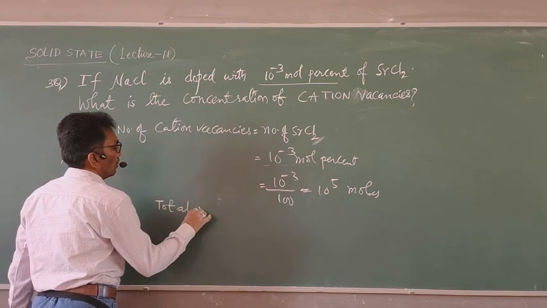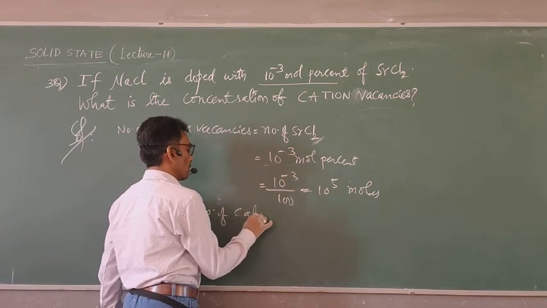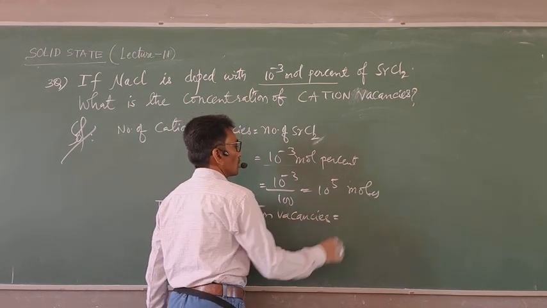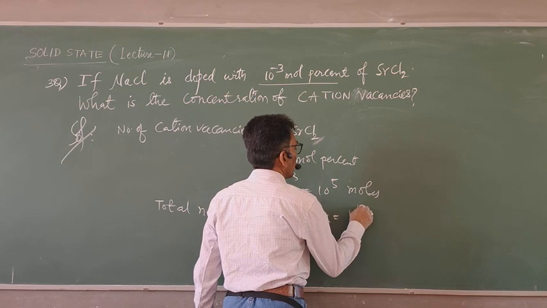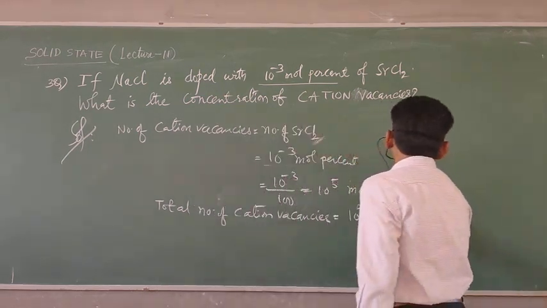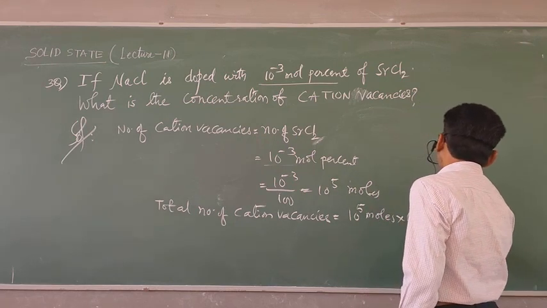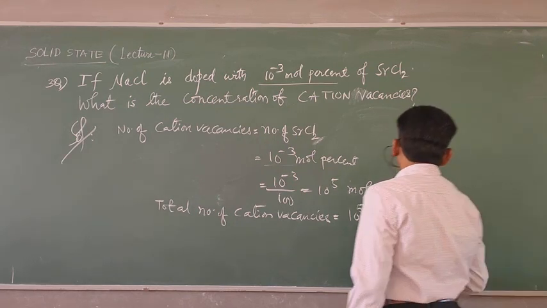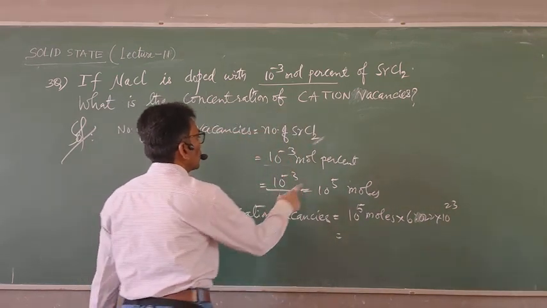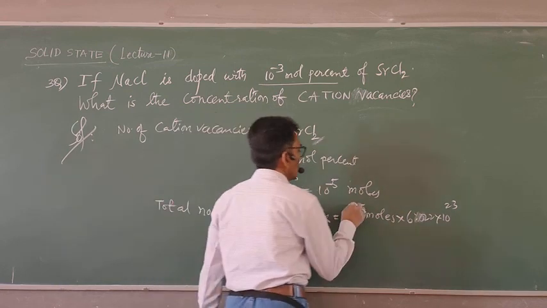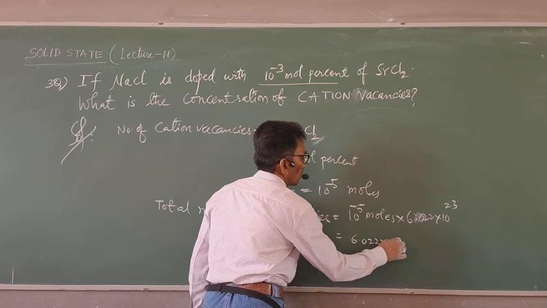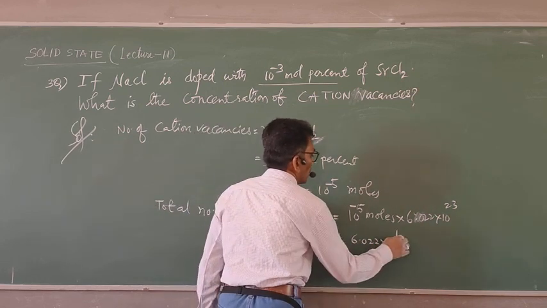Total number of cation vacancies concentration is equal to 10 to the power minus 5 moles into Avogadro number, 6.022 into 10 to the power 23. I am sorry, this is minus 5. Then the answer is 6.022 into 10 to the power of 18.